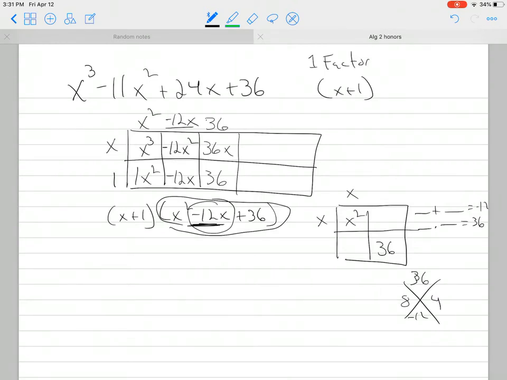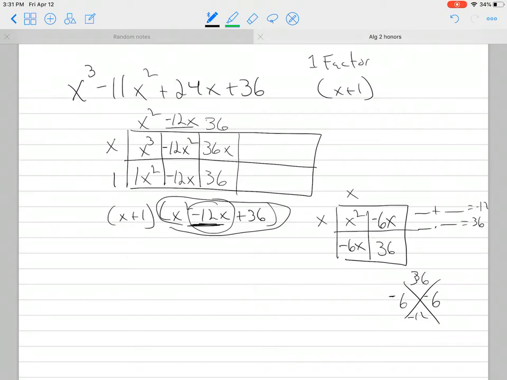But you know what it is? 6 times 6 is 36. But I need the 36 to be positive and the 12 to be negative. So I need negative 6 and negative 6. So I have a negative 6x and a negative 6x.